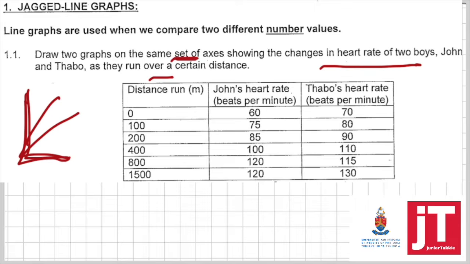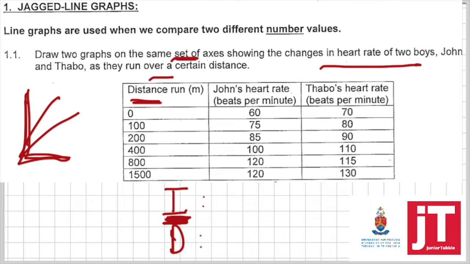Now, before we even start drawing the graph, we know we first have to find out what is the dependent variable here. Now, the dependent variable is what you're measuring. Now, I'm sure most of you are immediately going to say distance. No, I always start off with my independent first and then my dependent because it makes it easy. Independent with an I, I control it.